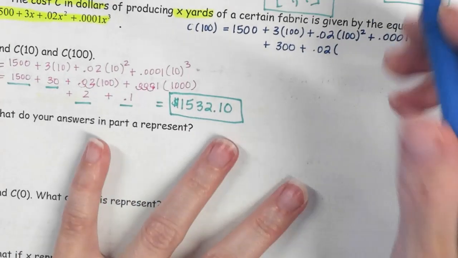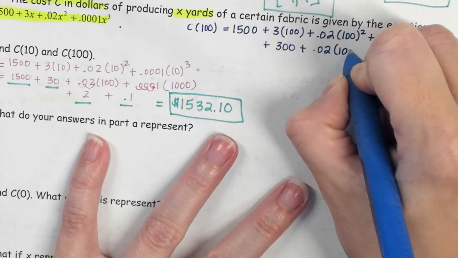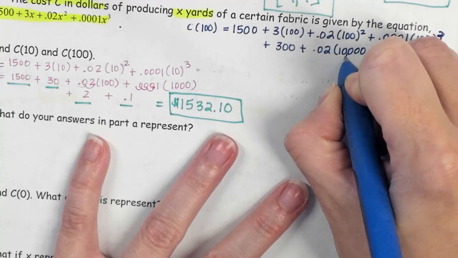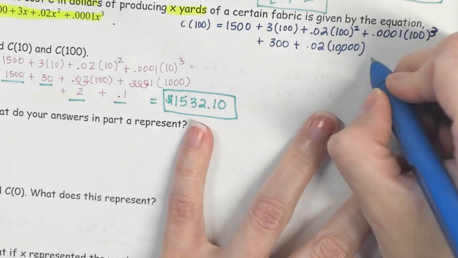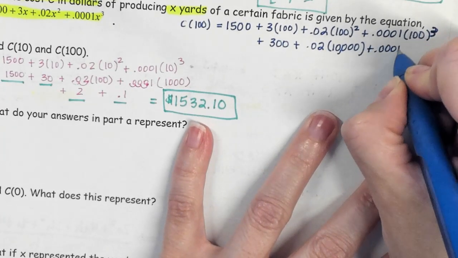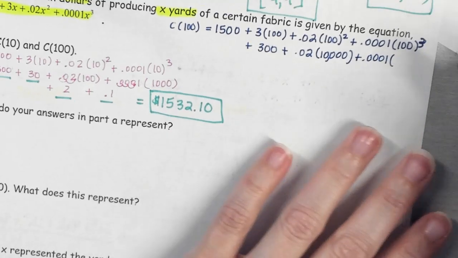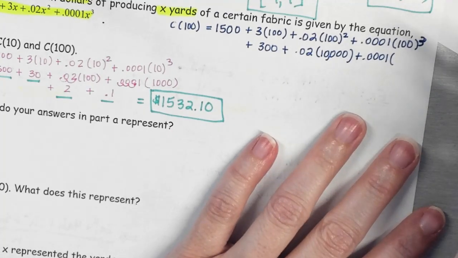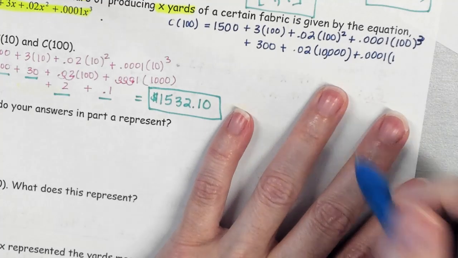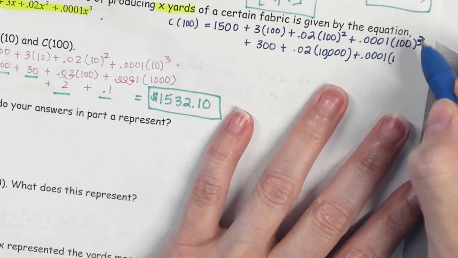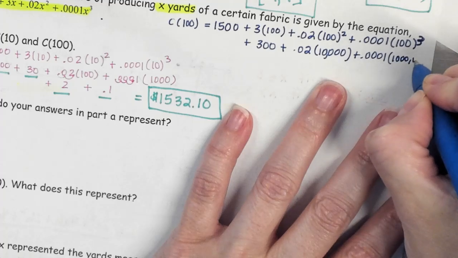So if you have 100, it's going to be 100, 0, 0. So 10,000. Instead of 3 zeros, you're going to have how many? So 2 produces 4, 3 is going to produce 6.